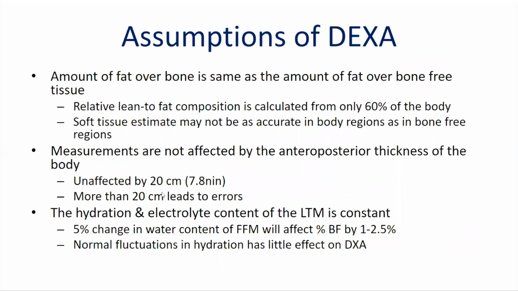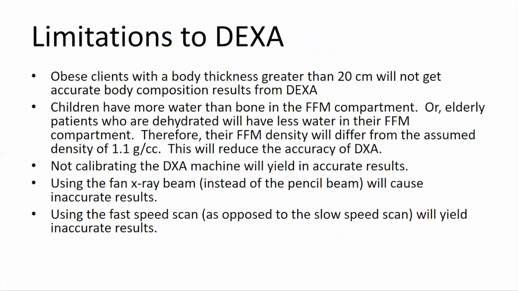So if you're using the DEXA on the abdominal region, you need to make sure that the patient's anterior-posterior depth is no more than 20 centimeters or 7.8 inches. The hydration and electrolyte content of the lean body mass is constant. This is another assumption of the DEXA.